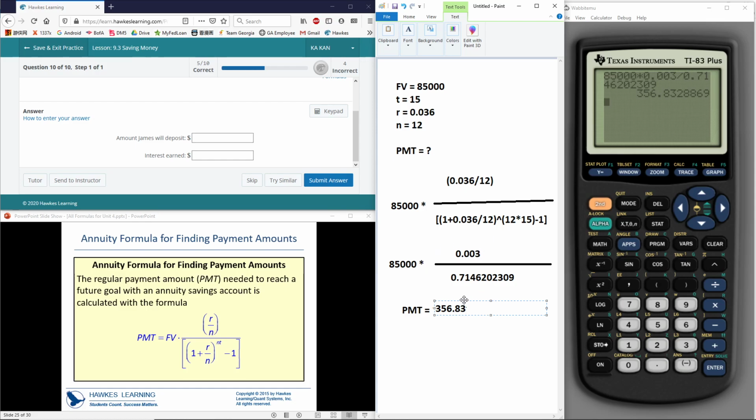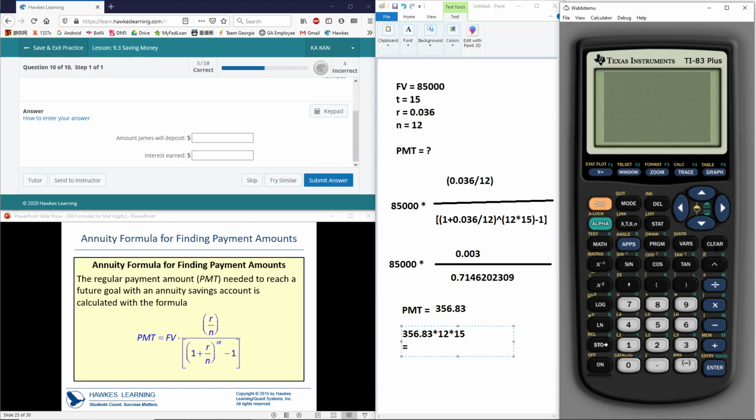So let's try this instead. 356.83 times, let's say we're paying 12 payments per year, monthly payment for 15 years. So let's see what that equals to. I have 64,229.4. That's more like it.